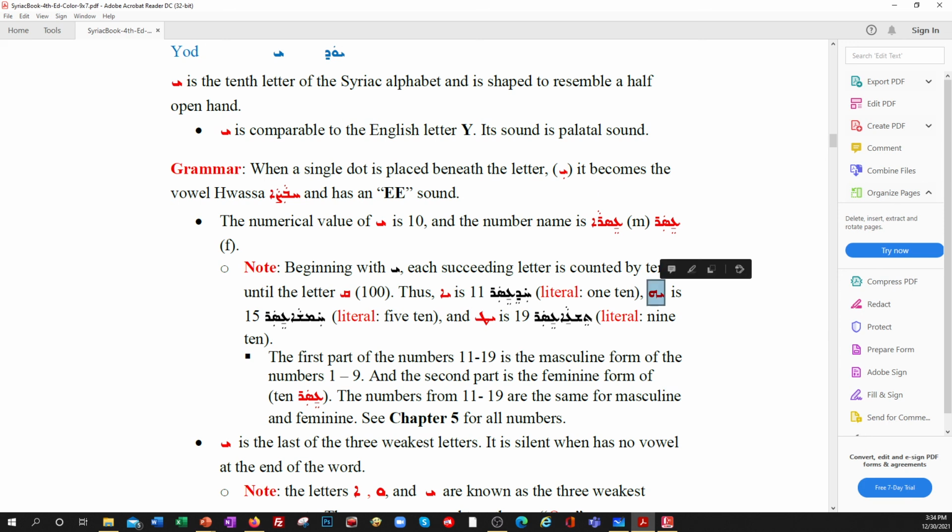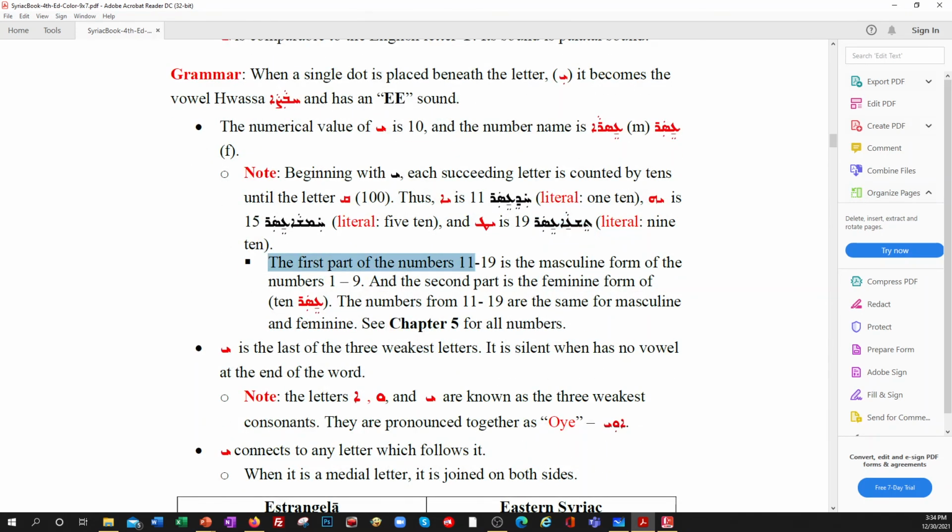Yod He is 15. Yod Teth, Teth is 9 and Yod is 10, so Yod Teth is 19. The first part of 11 to 19 is the masculine singular form from 1 to 9, and the second is the feminine form of 10. As I mentioned before, we're going to study more about the numbers in Chapter 5 and go in depth with all these numbers.